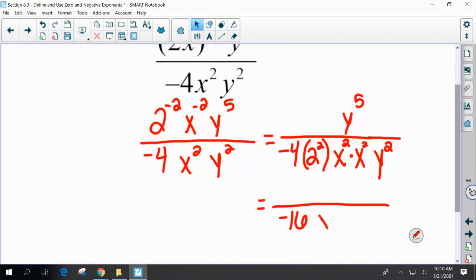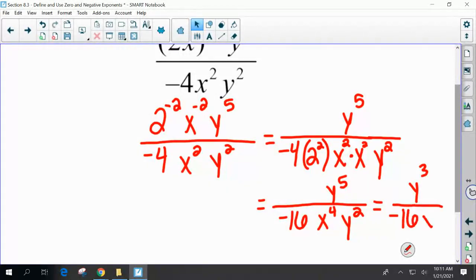So you would get an x to the 4th, and then I have y squared, and then I still have y to the 5th on top. Okay, so the only thing I have left to do is to simplify my y's and subtract them. So I would have 5 minus 2, which would give me y to the 3rd on top, and then I have -16 x to the 4th in the denominator.